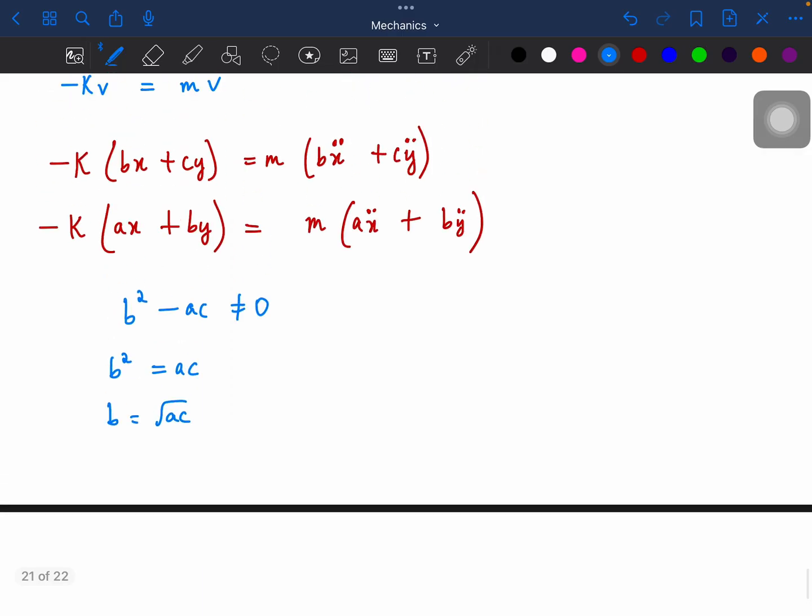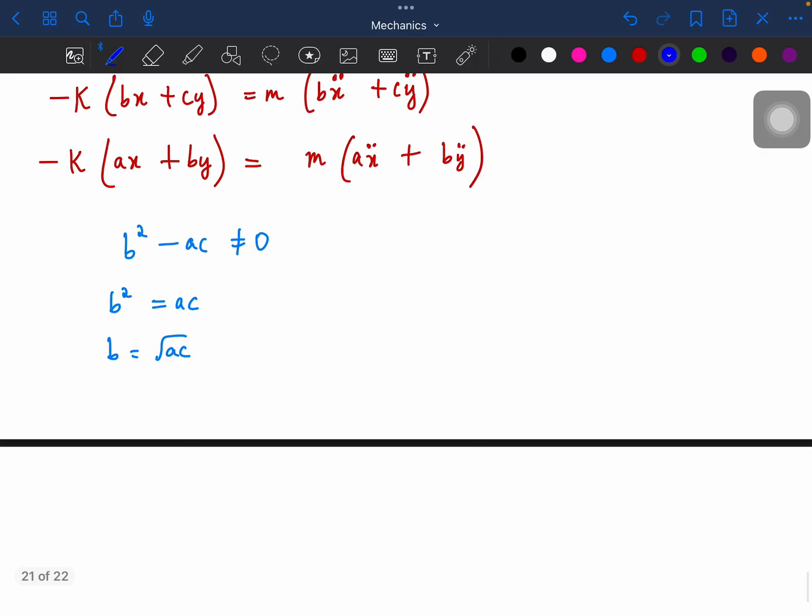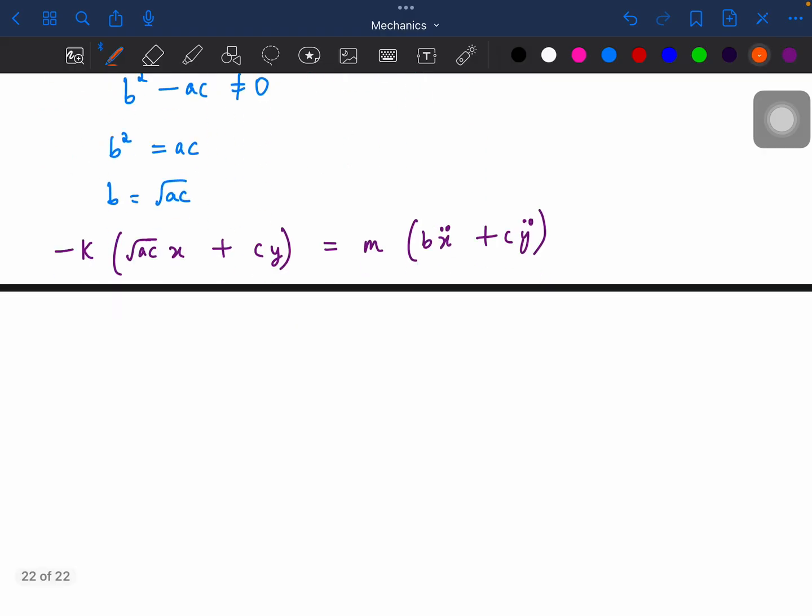Now I'm going to substitute B is equal to root AC in these two red equations. So I will get minus K into (root AC x plus C y) is equal to M times (B x double dot plus C y double dot). Here it should not be B, it should be root AC because I'm substituting it as root AC.